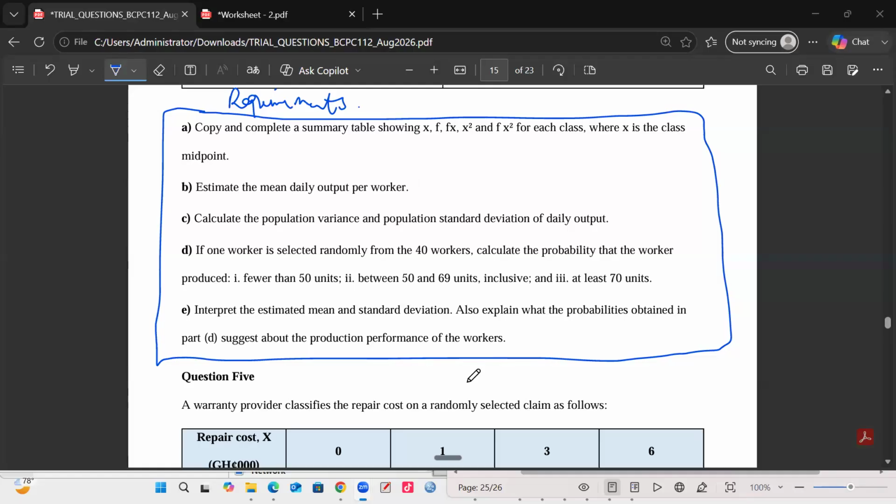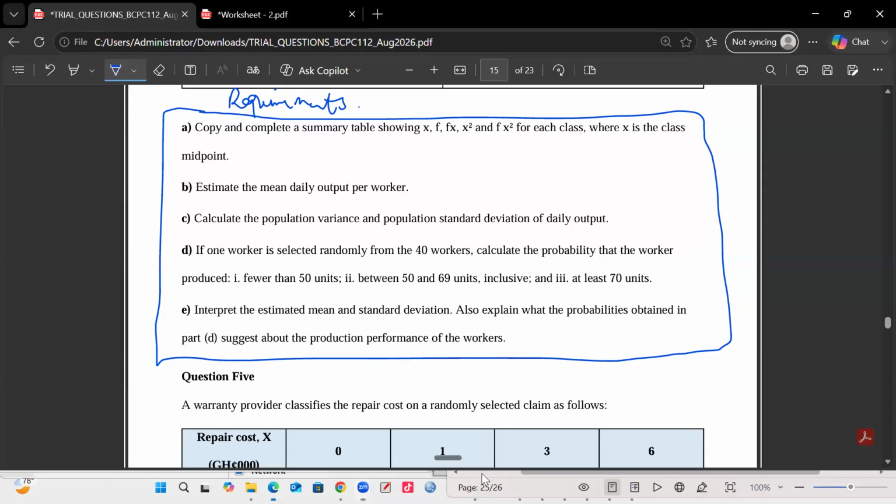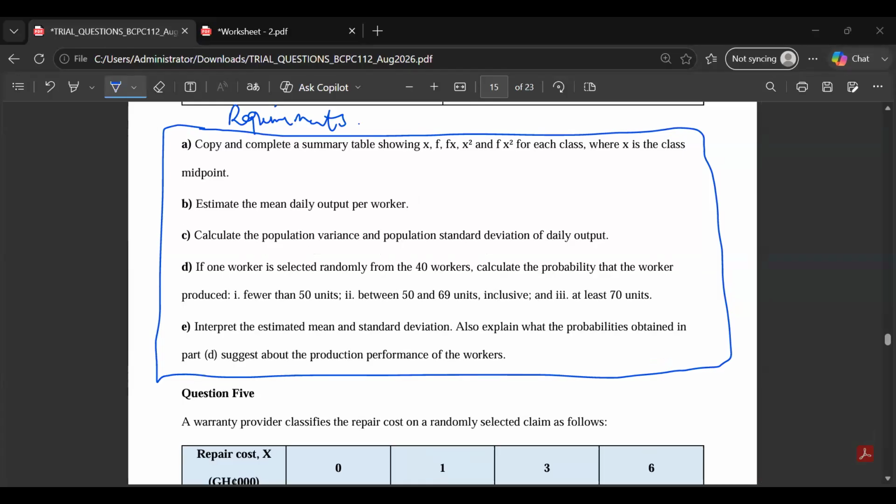Yes, who is reading? Copy and complete a summary table showing x, f, fx, s squared, and f s squared for each class. X is the class midpoint. B. Estimate the mean daily output per worker. C. Calculate the population variance and population standard deviation of daily output.